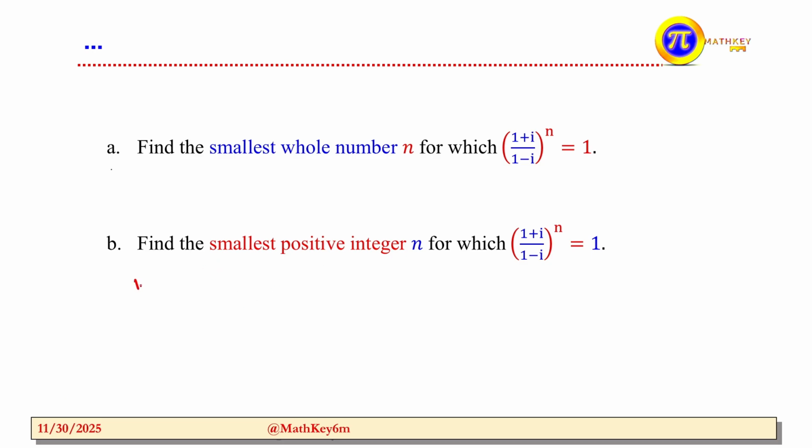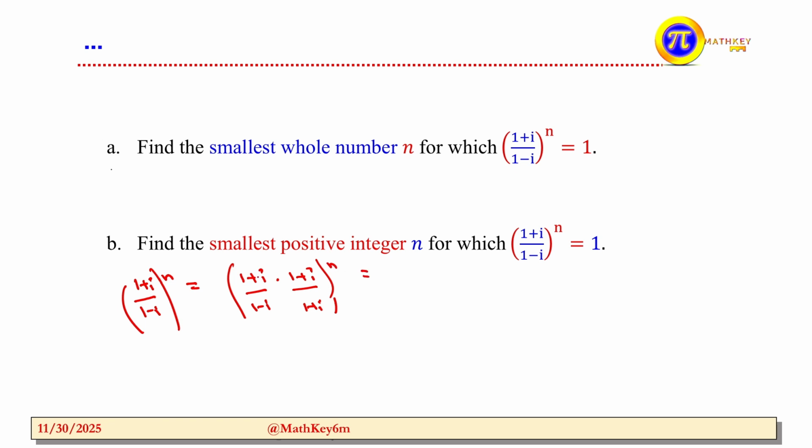Or we can do it directly. This is (1 plus i) over (1 minus i) to the power of n. This means we can make the denominator real, which equals (1 plus i) times (1 plus i), the conjugate of the denominator 1 minus i, divided by (1 plus i), to the power of n.